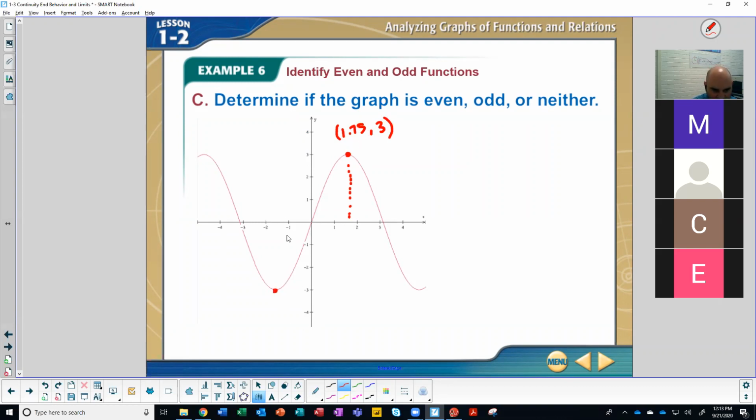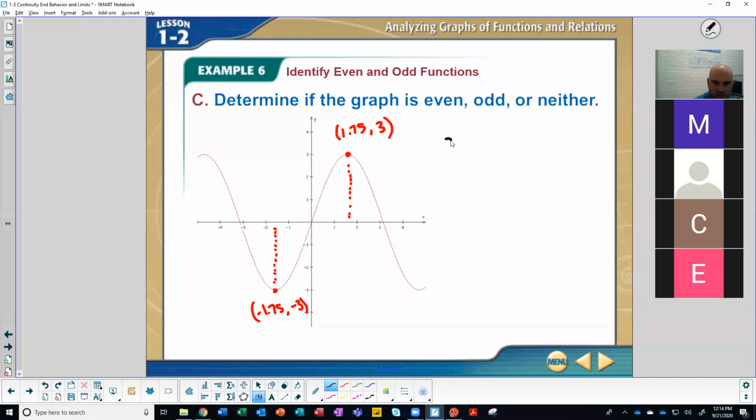So I'm looking at the x, and it looks like to me the x is about negative 1.75. And the y is negative 3. Do you see how the signs just switched? The numbers stayed the same, but the signs changed. If they both do that, that means it's reflecting perfectly across the origin.